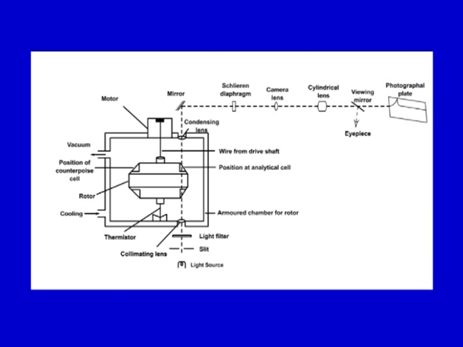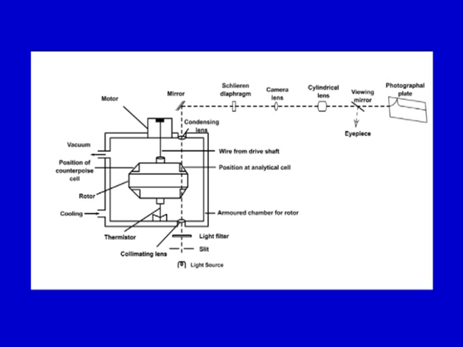There is a temperature sensor, and this rotor is a solid rotor with two holes where a counterpoise cell and the analytical cell could be placed. And below the rotor, at another tip, there is a wire or a thermistor which senses the temperature.